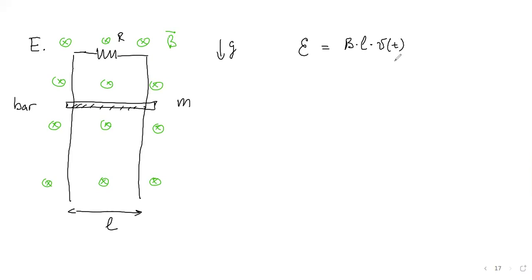It will increase. I'm going to explain. The faster you fall down, the stronger the EMF and the stronger the current. That means the stronger the magnetic force on this.